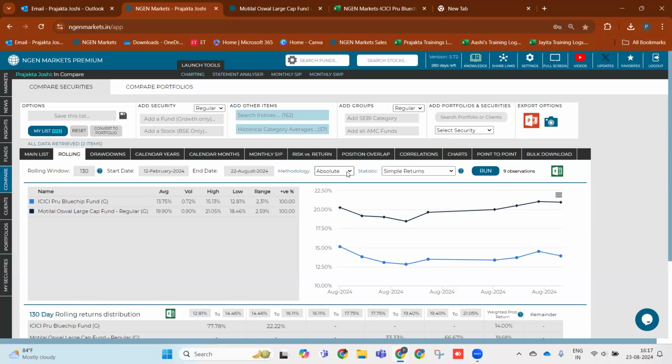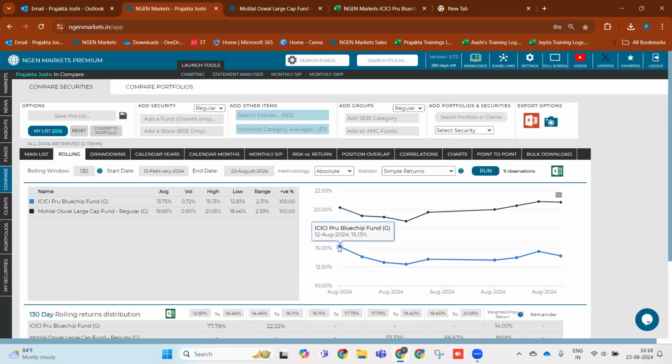So when we change this to absolute, we are seeing that Motilal Oswal large cap fund's average rolling return, considering 130 days, that is a 6 months time period, is 19%.